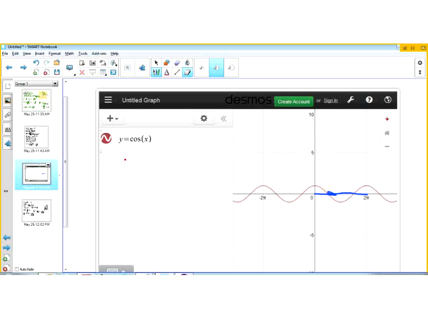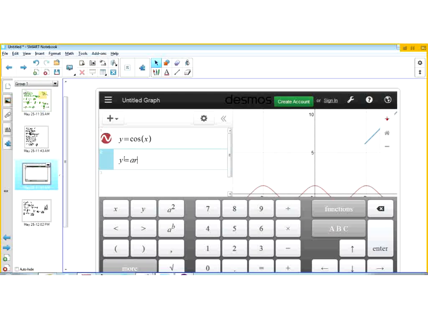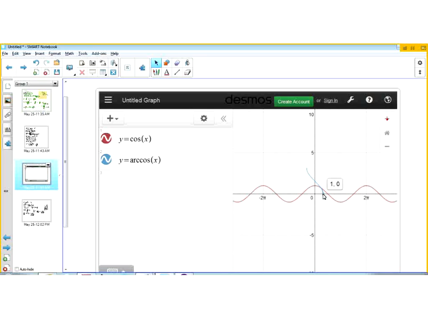One thing we can do, if we're having trouble, is just go ahead and sketch the graph of y equals arc cosine x and see what the principal part is. So y is equal to arc cosine x, shown in blue. Then we can reverse engineer it, so to speak. It appears to go from 0 to, what is that, pi?